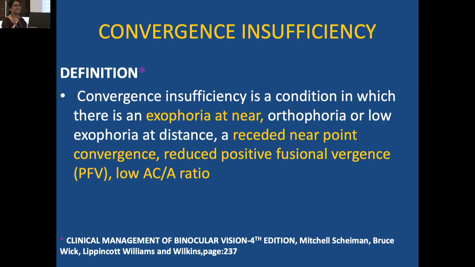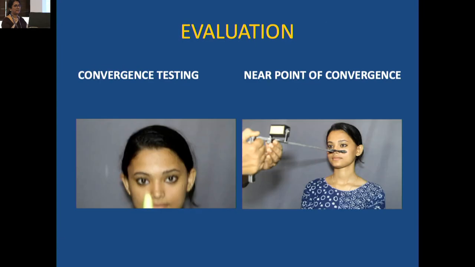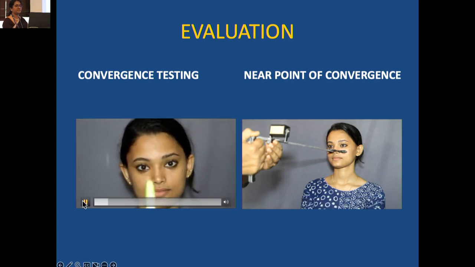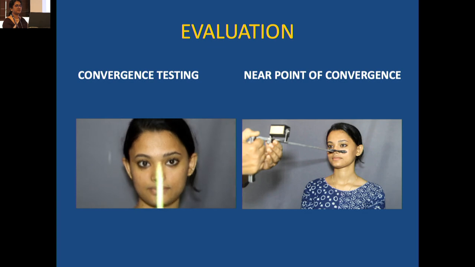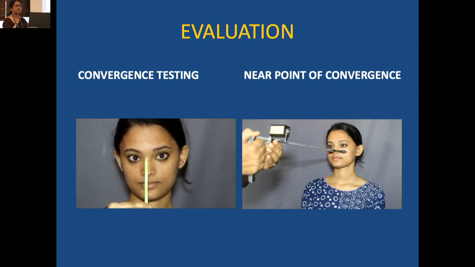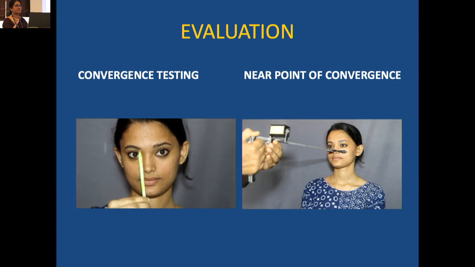This might sound very technical, but in the OPD also we can use some very crude tests. Here we are testing the convergence in this young girl. As the pen comes close to the nose, at this point you can see that one eye deviates outwards.